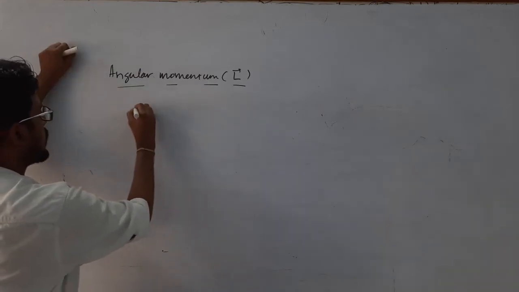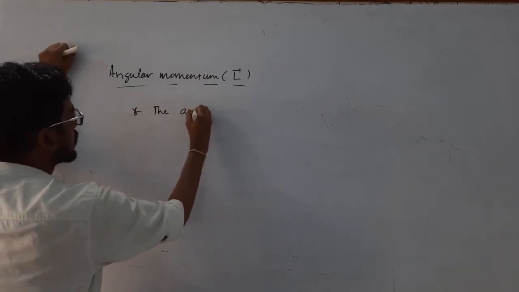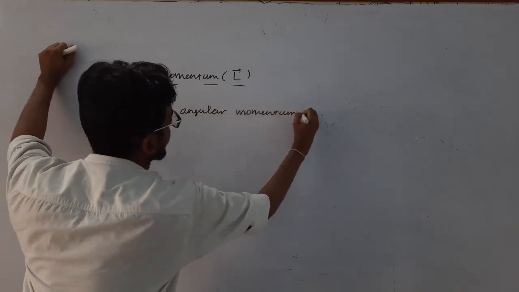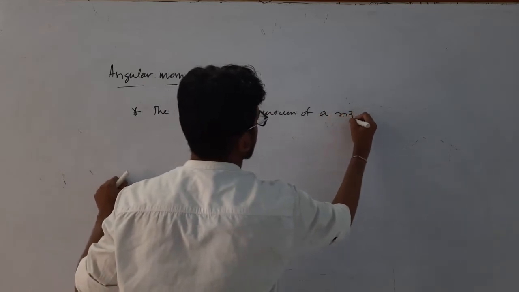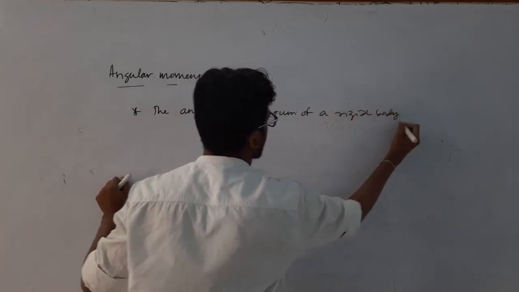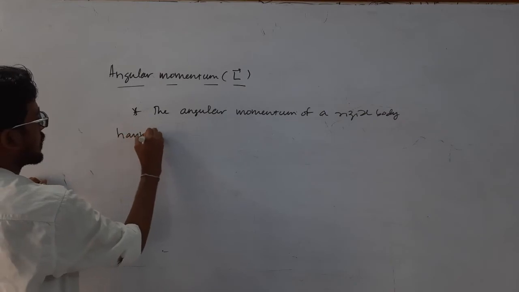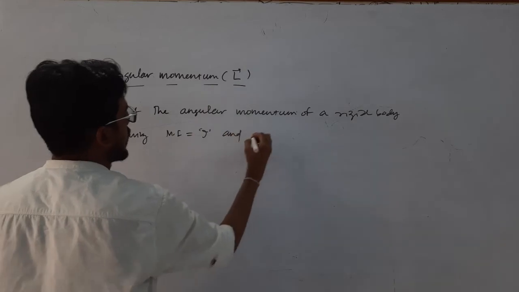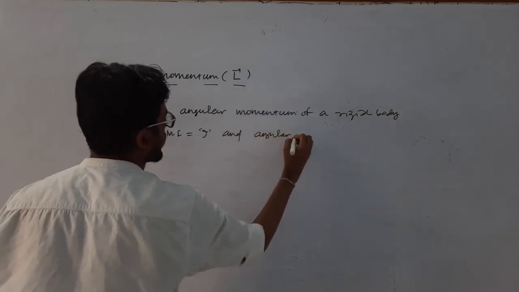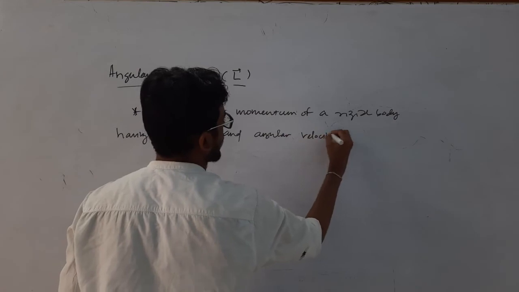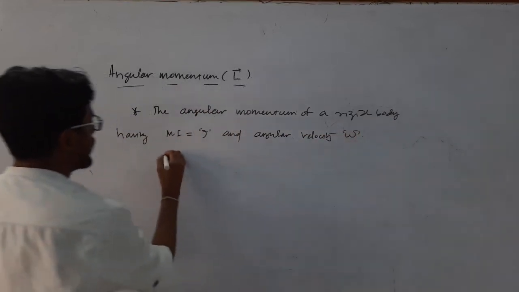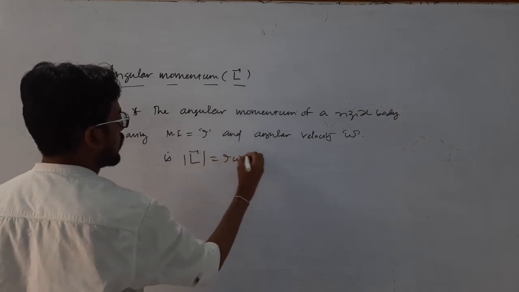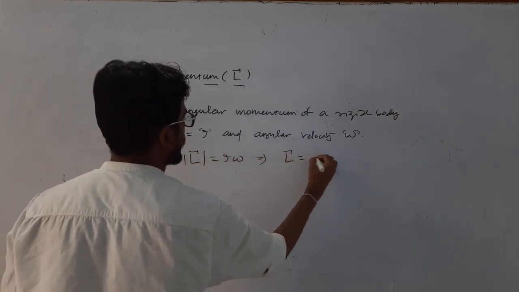Here you can write the angular momentum of a rigid body having moment of inertia I and angular velocity omega is defined as L vector mod is equal to I omega, or this implies L vector equal to I omega vector.